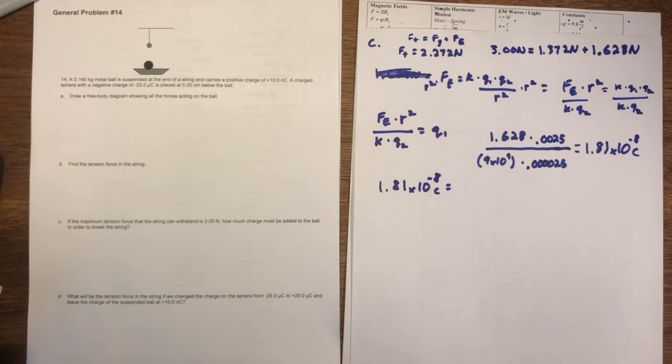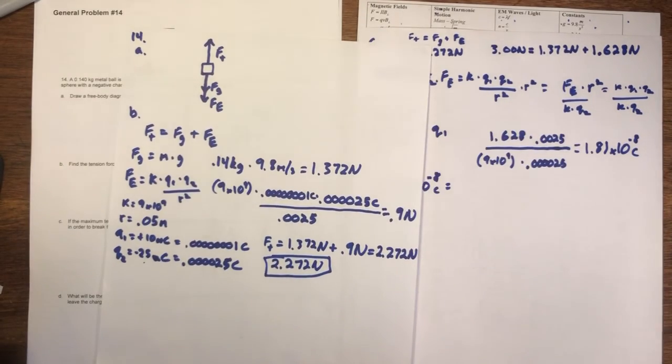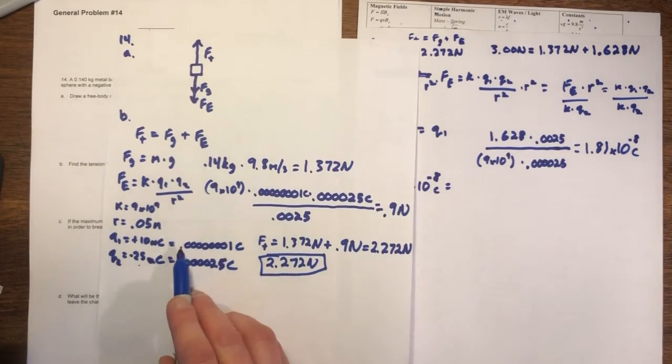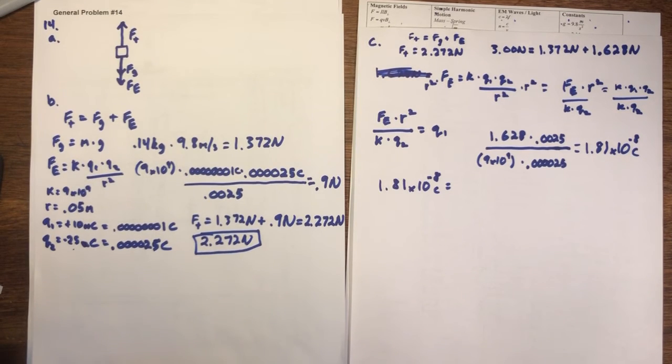And then we know the ball originally had Q1, right here, this much: 10 nanocoulombs.